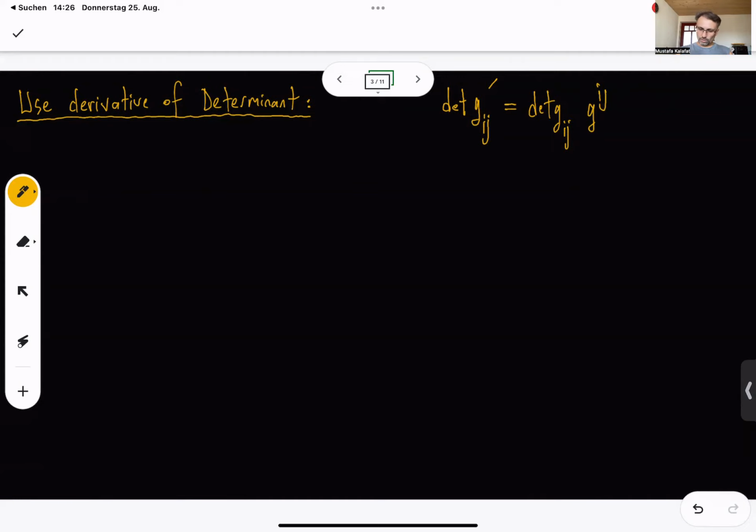So it's the determinant of G_ij times the inverse matrix times the derivative of the metric, or the trace of the derivative of the metric. You can think of it that way as well, if you write it down more precisely.